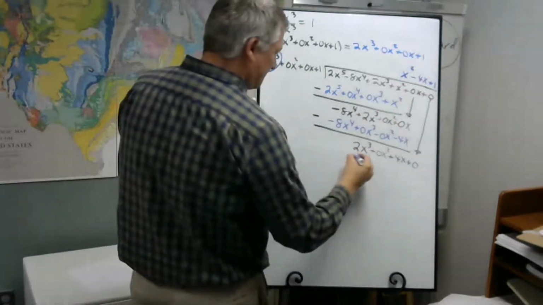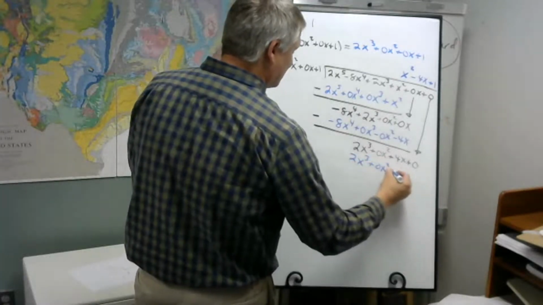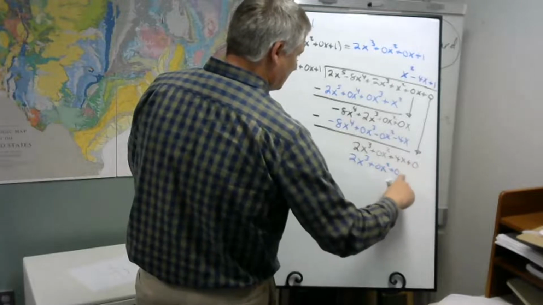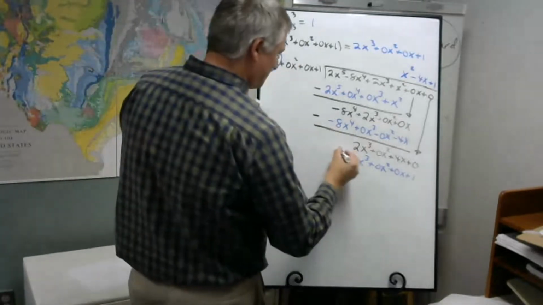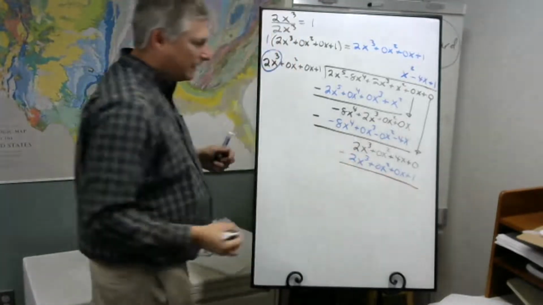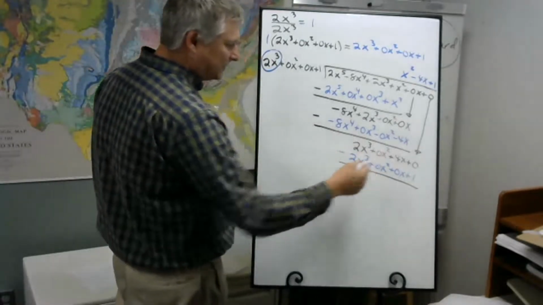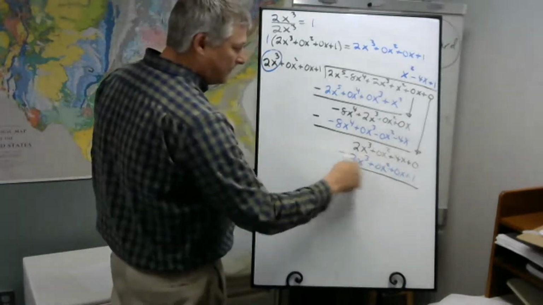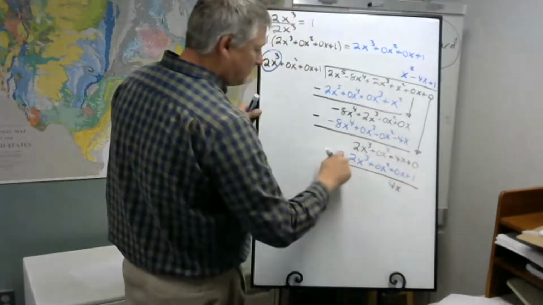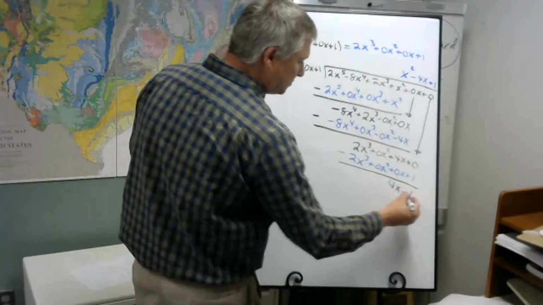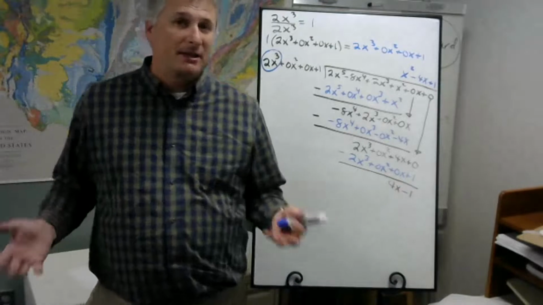And so we put this here. We subtract. And again, something minus itself goes away. 0 minus 0 goes away. 4x minus 0 is 4x. 0 minus 1 is subtract 1. And there's nothing else to bring down. So we're done. That's the end of our division.